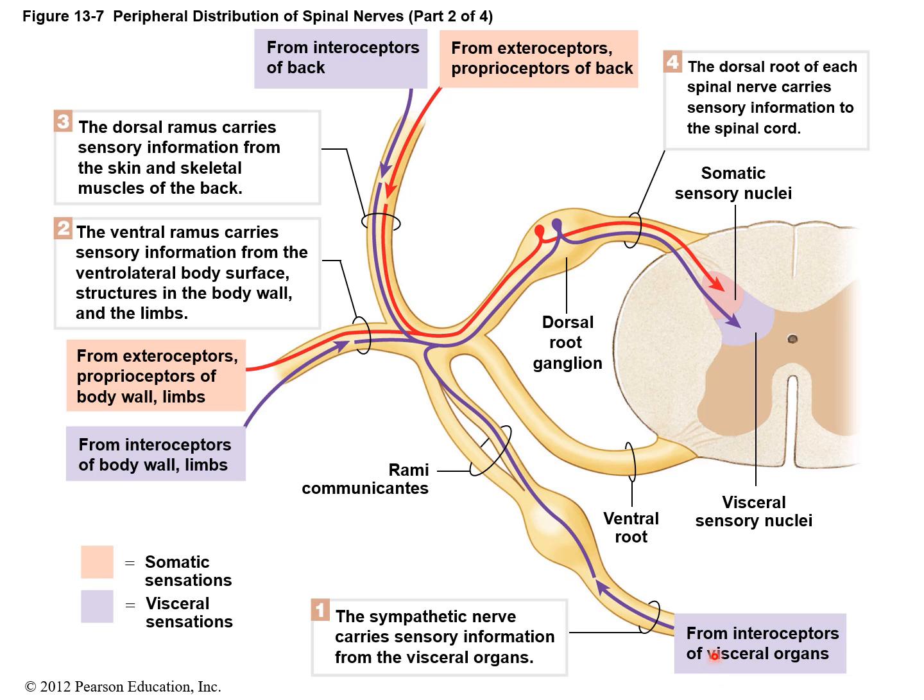So we're getting some sensory information that's coming in from visceral organs. We've got some information coming from what are called interoceptors. So these are kind of sensing body position of the body wall and the limbs.